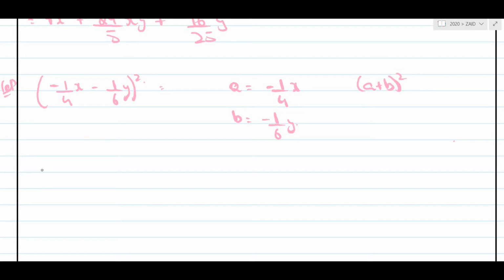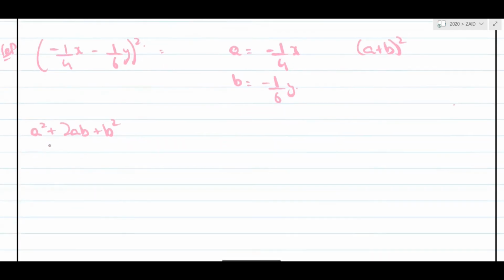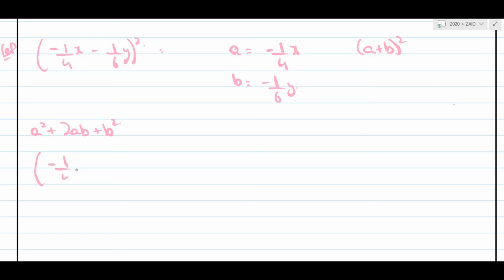Now the result of (a + b) whole square is equal to a square plus 2ab plus b square. Now as we know, instead of a we would write (-1 upon 4x) whole square plus 2 multiplied by minus 1 upon 4x multiplied by minus 1 upon 6y plus (-1 upon 6y) whole square.